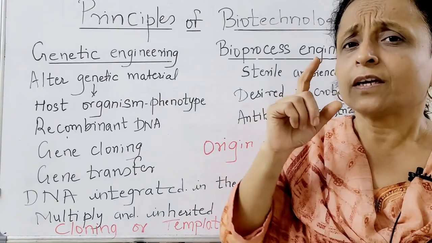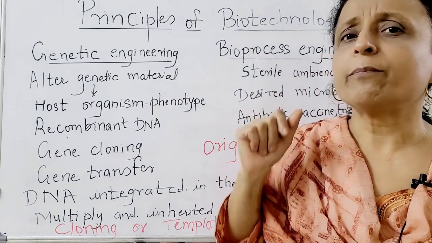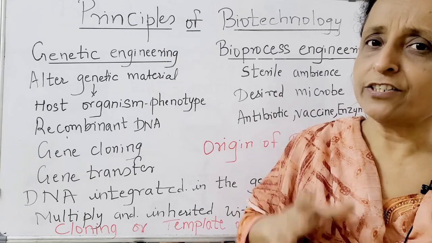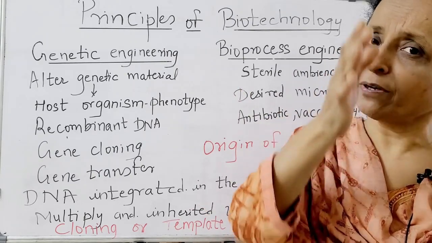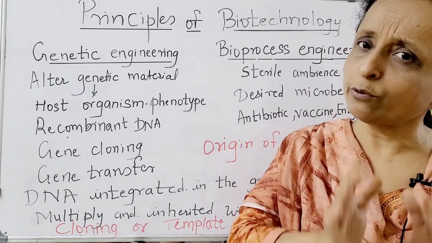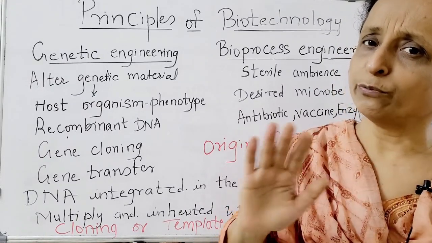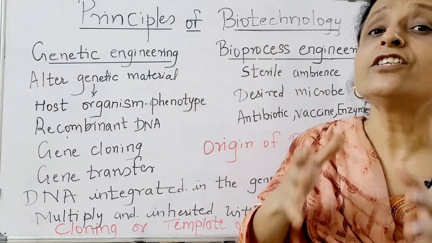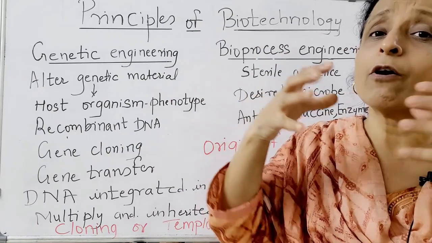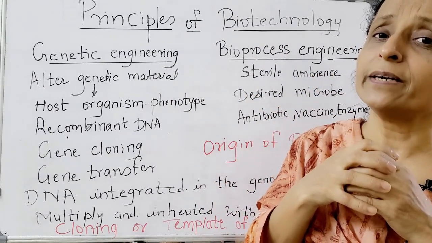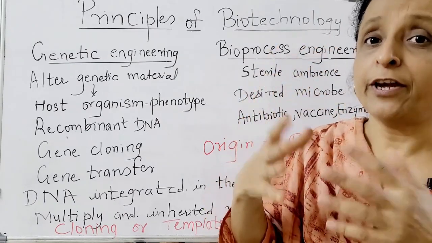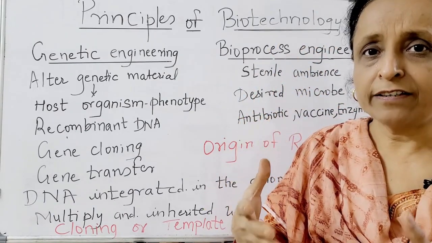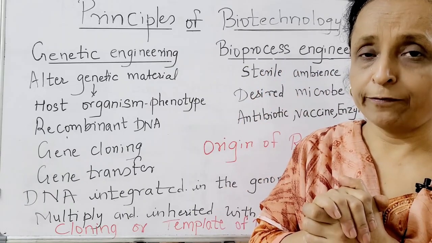Now, two types of reproduction take place, asexual and sexual reproduction. In asexual reproduction, the genetic material goes on as it is, there is no variation. But in sexual reproduction, combination of genetic material takes place and therefore there is variation, variation in the characters which help our survival.